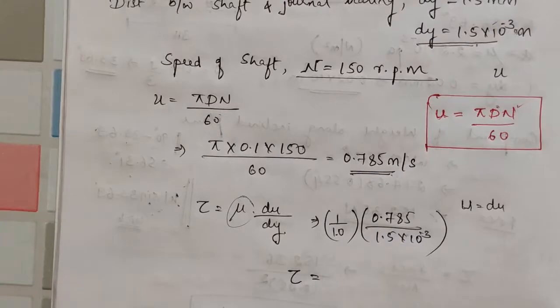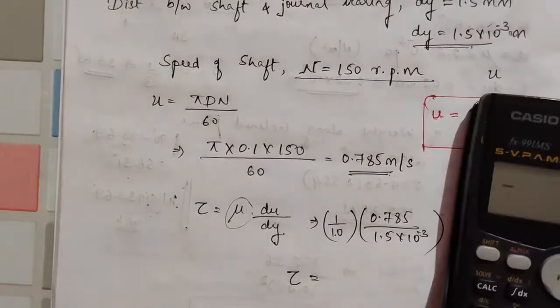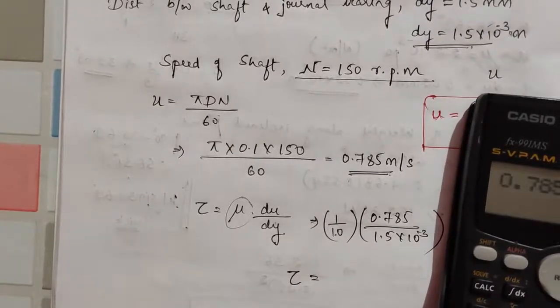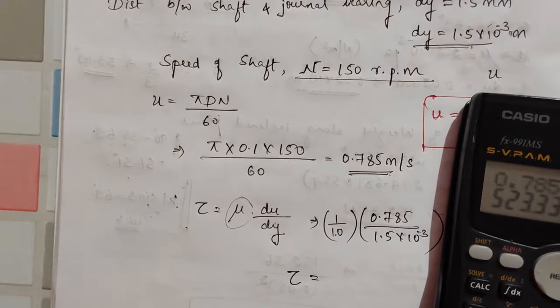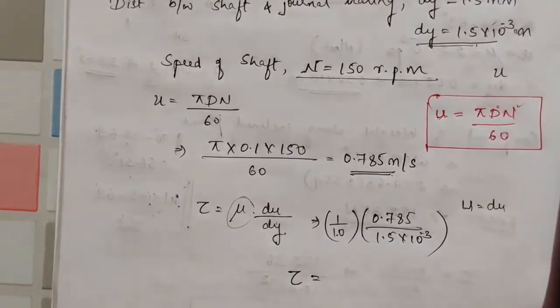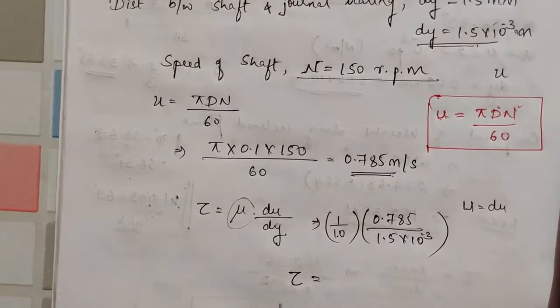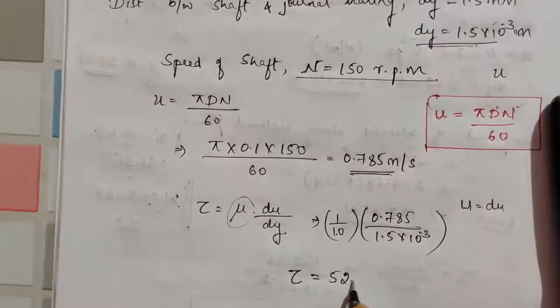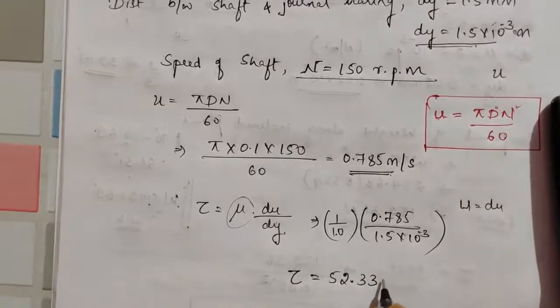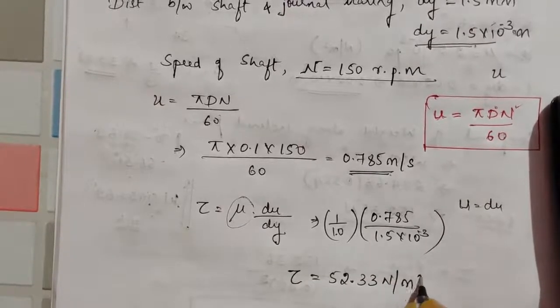So if we substitute, 1 by 10 into 0.785 divided by 1.5 into 10 power minus 3, we get 52.33 Newton per meter square.